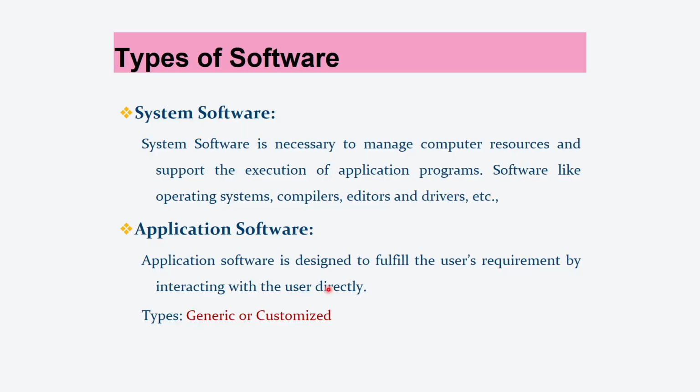The next topic, types of software. Basically, there are two types: system software and application software. System software is used to manage computer resources and support the execution of application programs.